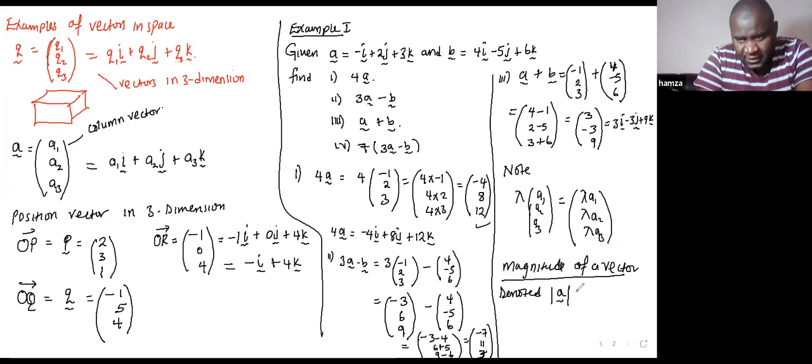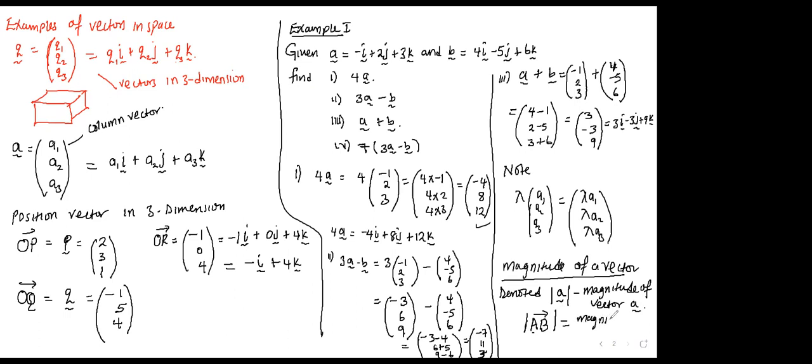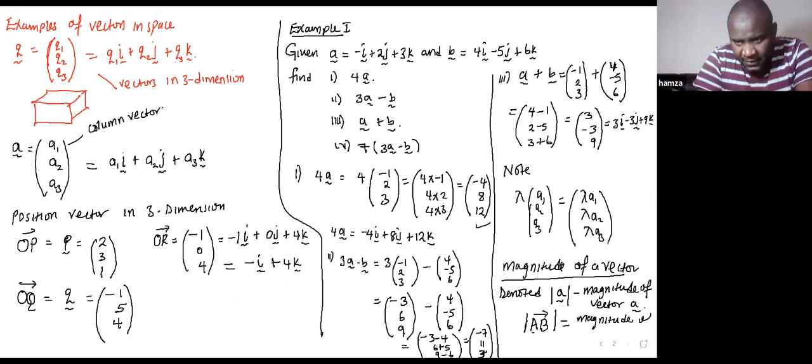If I write this, it means magnitude of vector A. Then this symbol would mean magnitude of vector B. Magnitude of vector AB, direction vector AB. Okay.